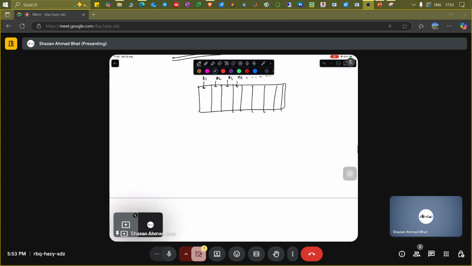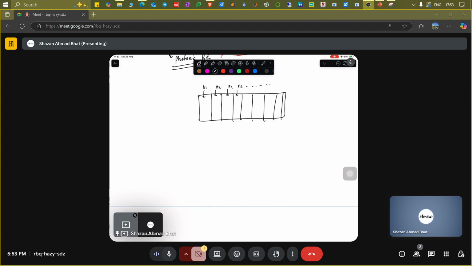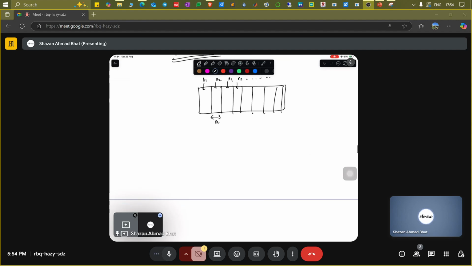Then let's say the periodicity of this particular thing is a, and you can have wavelengths that are multiples of a. So you can have somewhere a wavelength which can fit into two slabs.